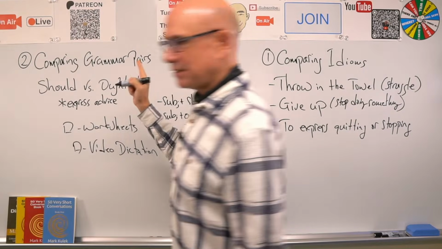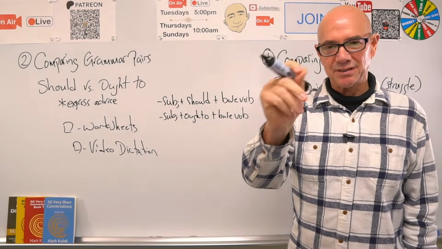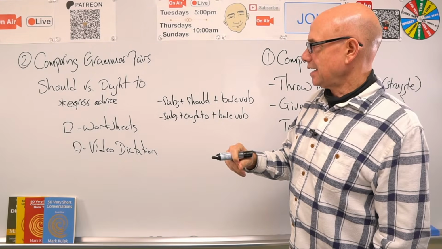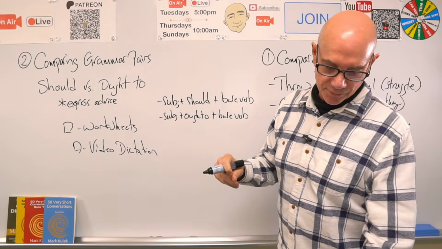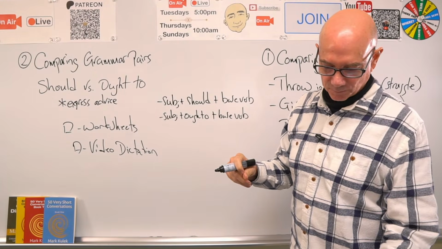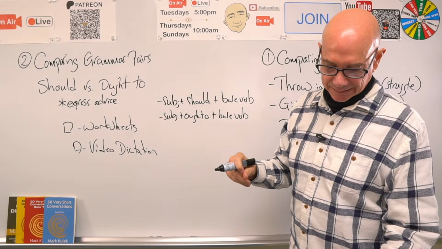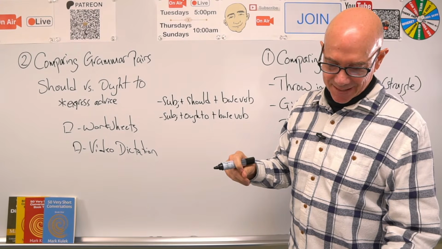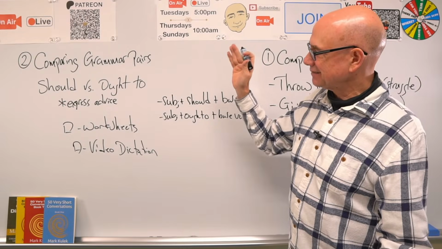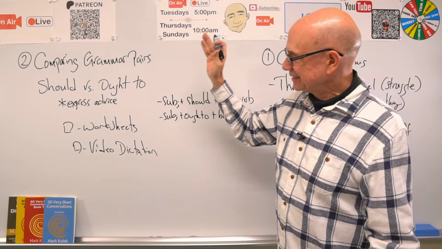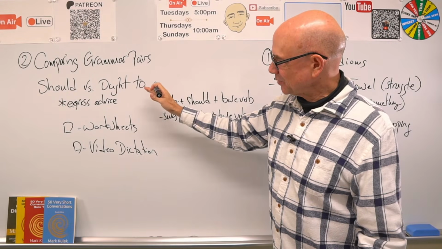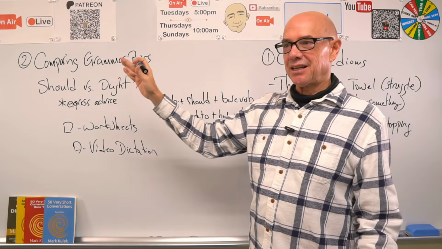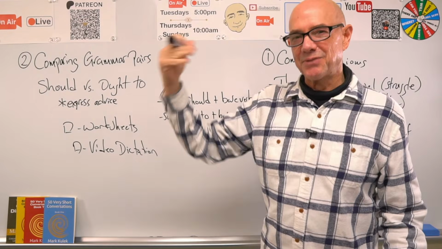Ought to is a bit more formal, and it's more like advice. With should, you use it like to do the right thing.